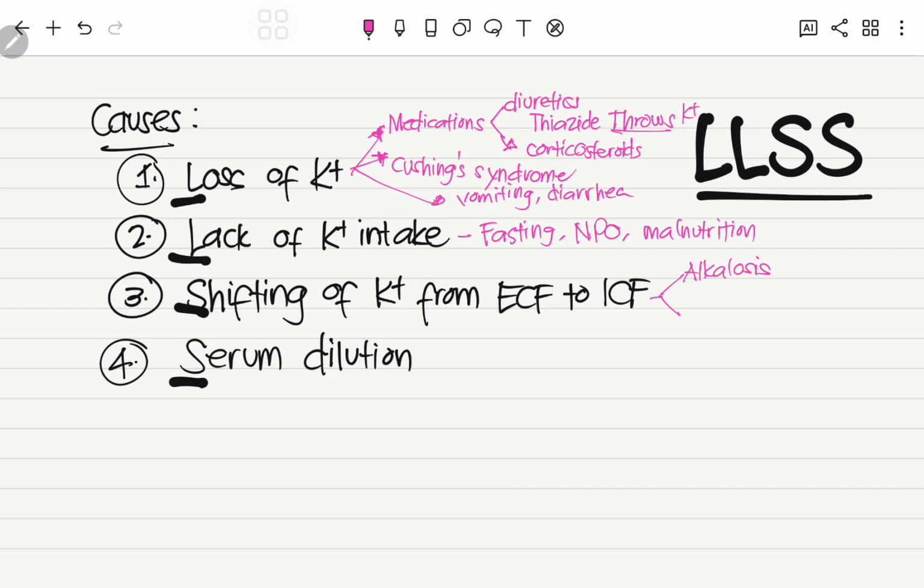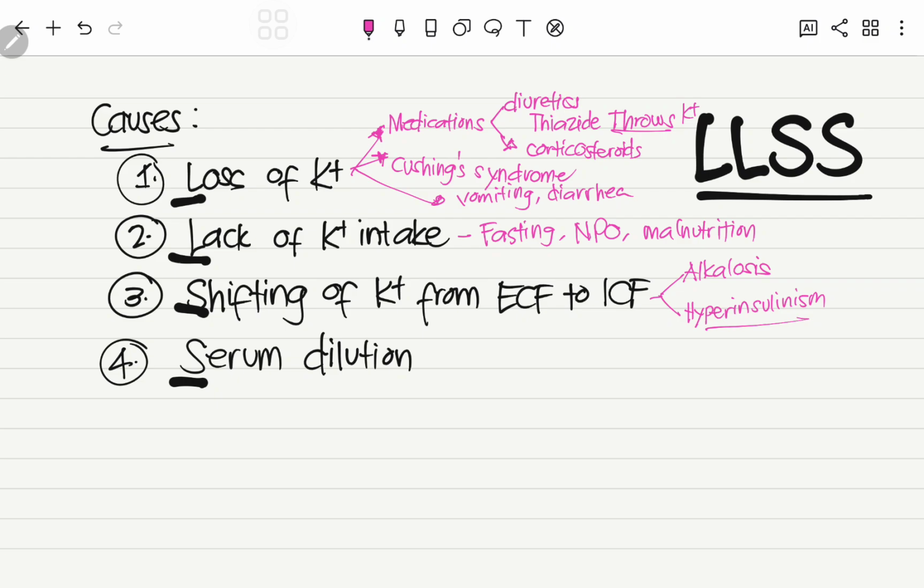Another also is your hyperinsulinism. Ibig sabihin kapatid, in your hyperinsulinism, mayroon tayong mataas na level po ng ating insulin in the body, which is created by your pancreas.